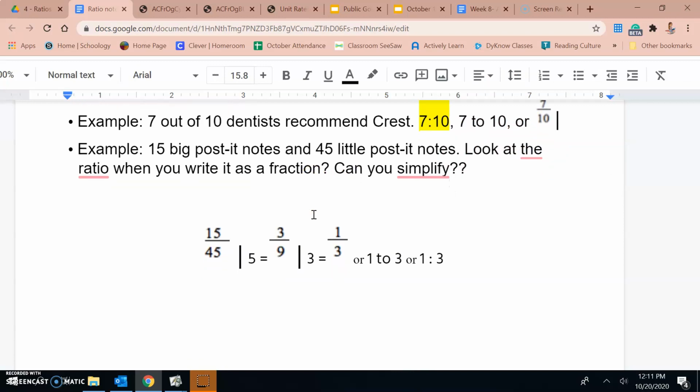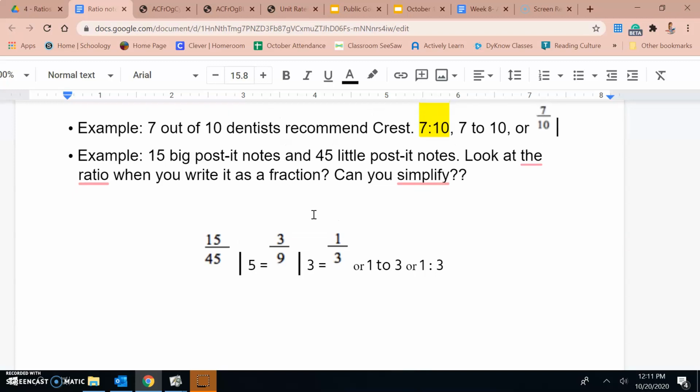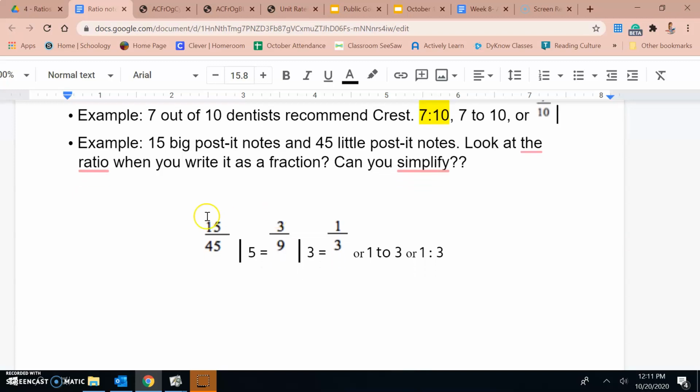Another example is 15 big Post-it notes and 45 little Post-it notes. Look at the ratio when you write it as a fraction. And then, can you simplify it? So if I take the 15, which is the number of big Post-it notes, over the number of little Post-it notes, if I simplify that, that equals 3/9, which can still be simplified to 1/3.